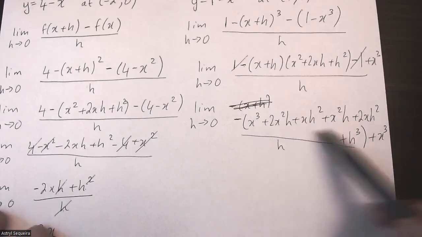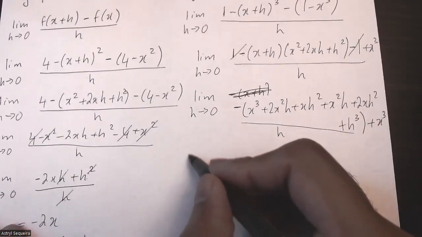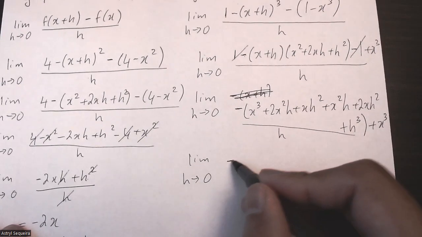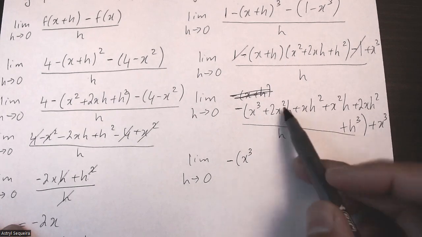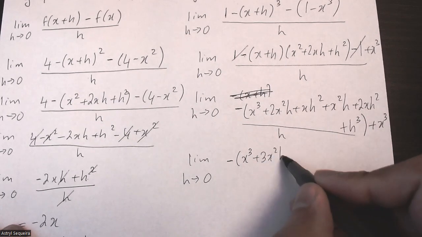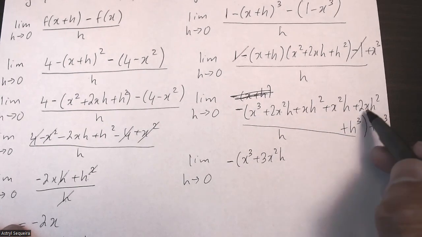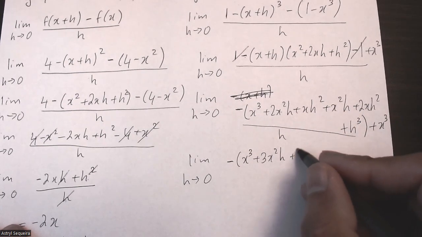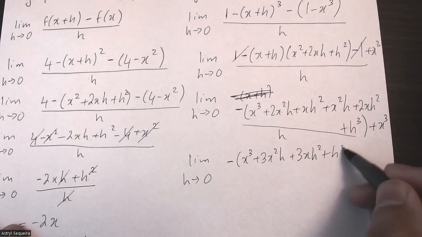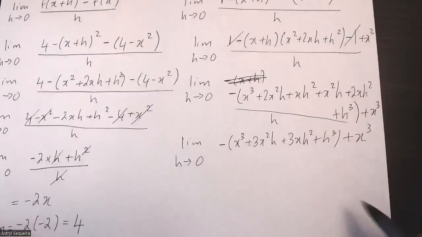So now I'll combine like terms inside this bracket. So lim h approaches 0, negative x cubed, 2x squared h plus x squared h is just 3x squared h. xh squared plus 2xh squared is 3xh squared. And then I just have the h cubed over here at the end and the plus x cubed over here.